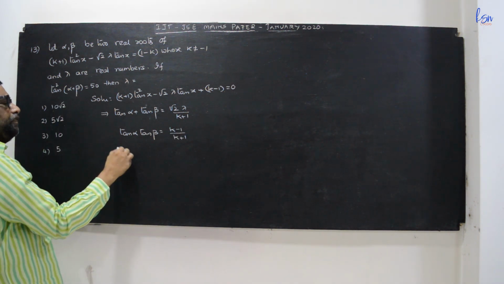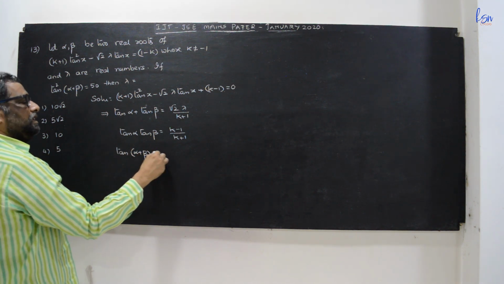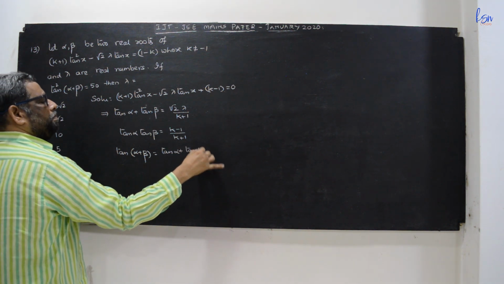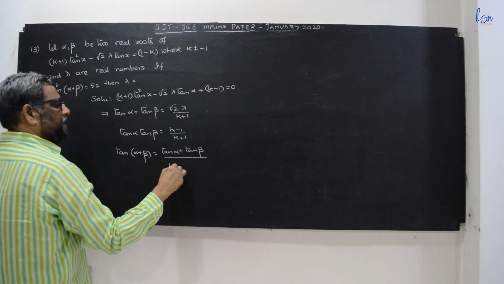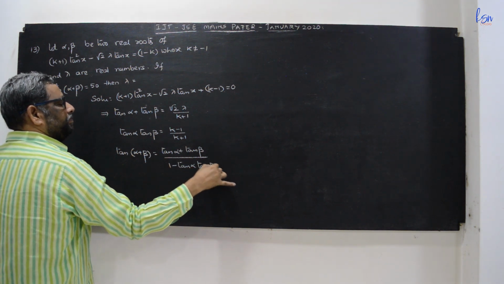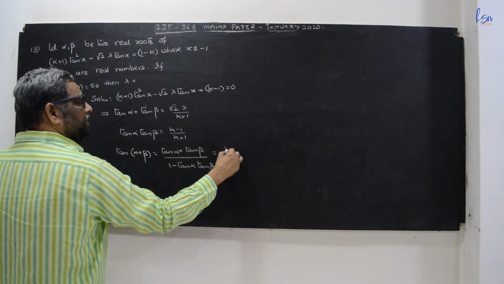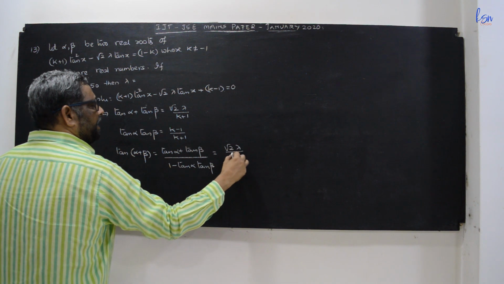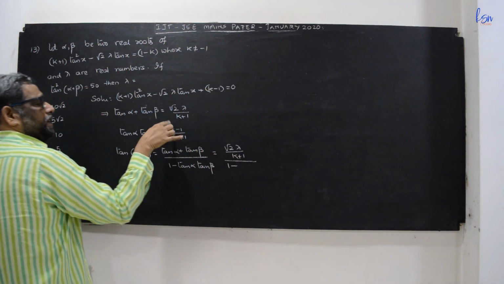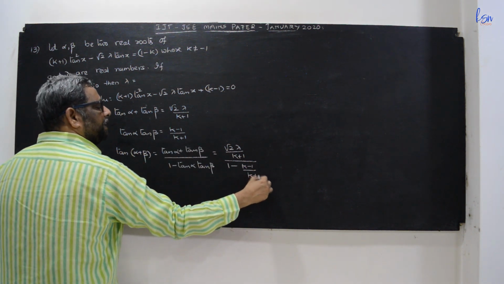Now tan alpha plus beta is equal to tan alpha plus tan beta by 1 minus tan alpha into tan beta. This is equal to root 2 lambda by k plus 1 by 1 minus k minus 1 by k plus 1.